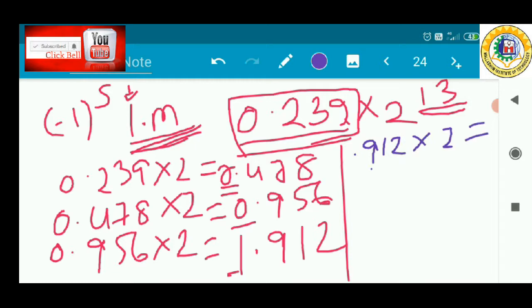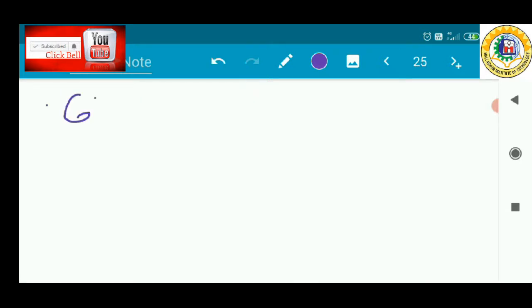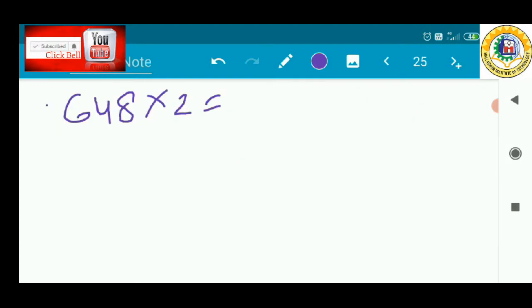that is 1.824, that is 1. Next 0.824 into 2 is 1.648, so this is 1. Next 0.648 into 2 is 1.296, so that is again 1.